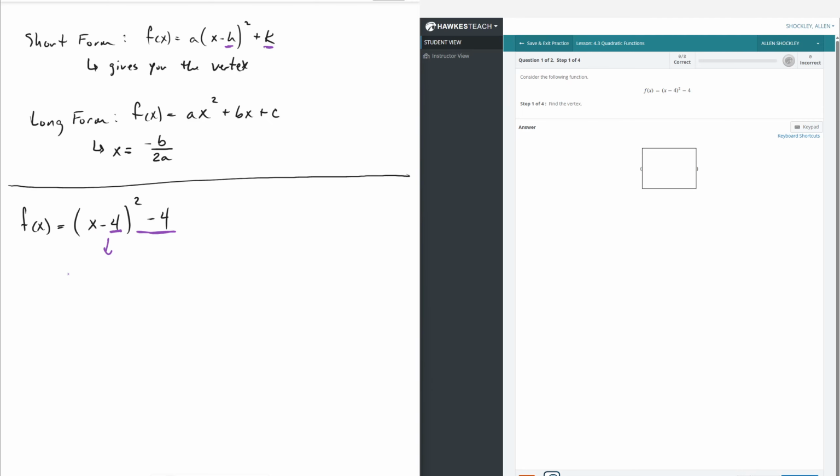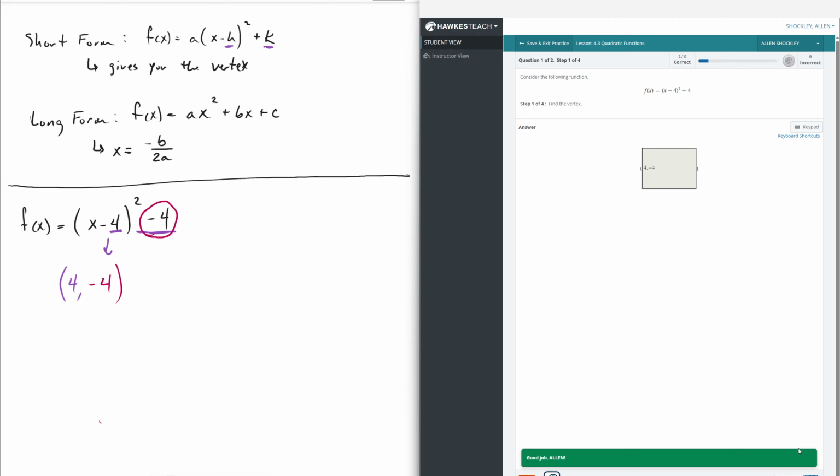When I pull that out, it is now a positive 4. This is not in parentheses, and so it will just come down as negative 4. And that's our vertex. It already has parentheses for us, so we can just say (4, negative 4). We got it right.